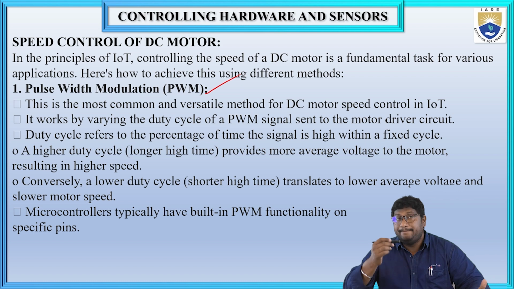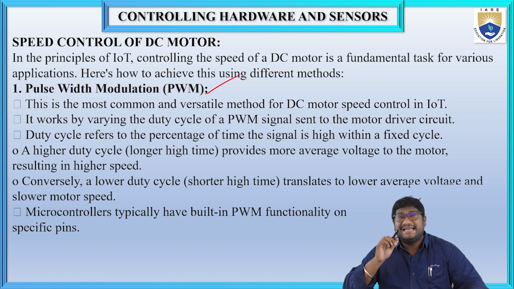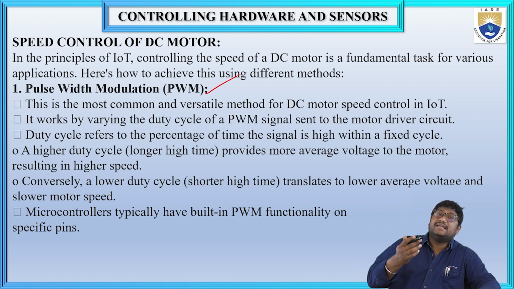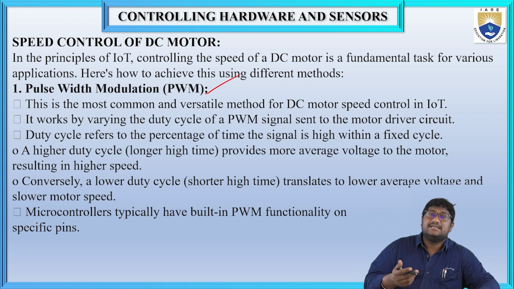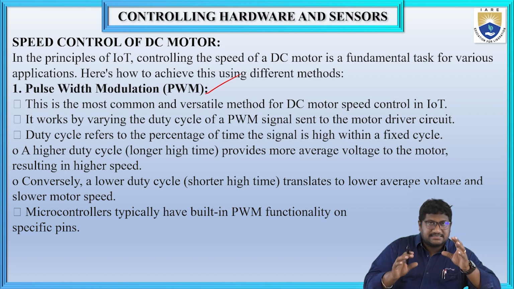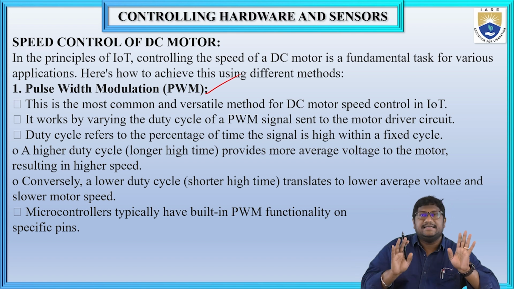What is PWM? A pulse width modulation signal is sent to the motor driver circuit, as I specified previously. Here every duty cycle gets some percentage of time during which the signal is held high. What is a high duty signal and what is a low duty signal? The small difference is that a high duty signal has a longer high time and a low duty signal has a shorter high time.